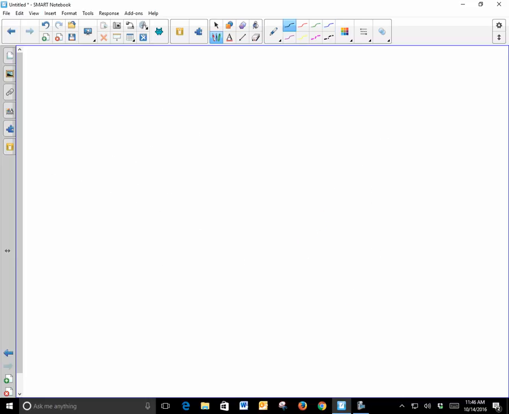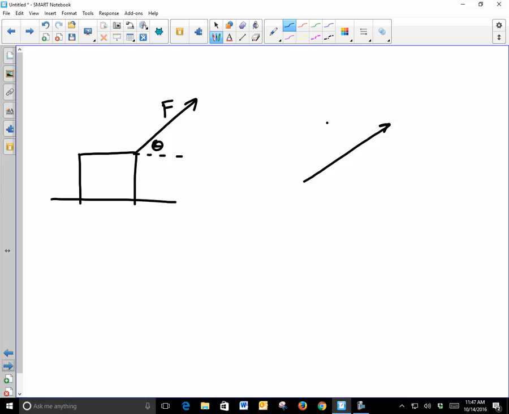Let's take a step back and talk about what we did in the case of this force. What's the first thing that you did when you had a velocity at an angle?